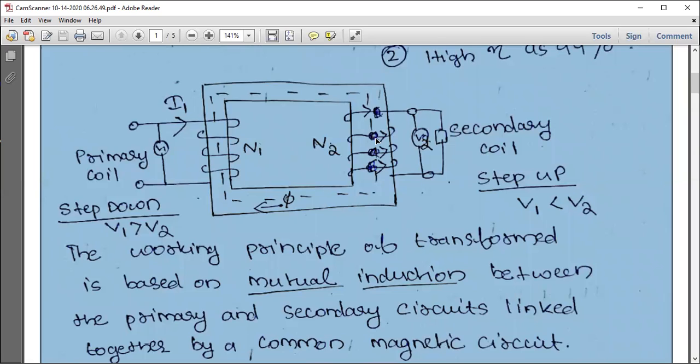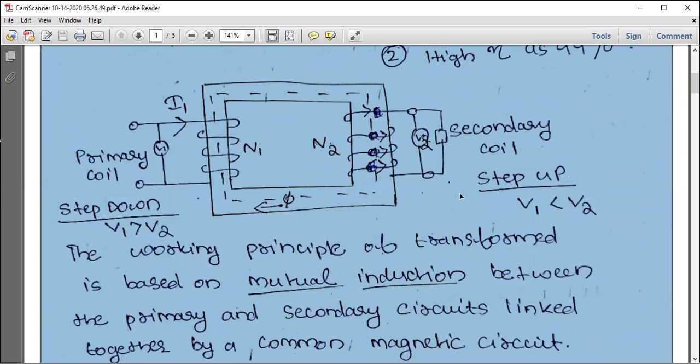And what is the property of that induced EMF? It will be proportional to the rate of change of flux with respect to time. That is, E1 is proportional to d phi by dt, because the flux involved in the primary as well as the secondary is common.